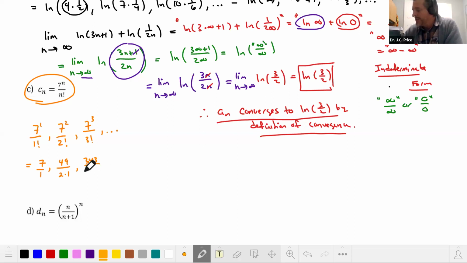And then remember 3 factorial is just 3 times 2 times 1. So this is going to be equal to 7, comma, 49 over 2, comma, and then 343 over 3 times 2 times 1, which is 6, comma, dot, dot, dot. Perfect. There's our first 3 terms of our sequence.